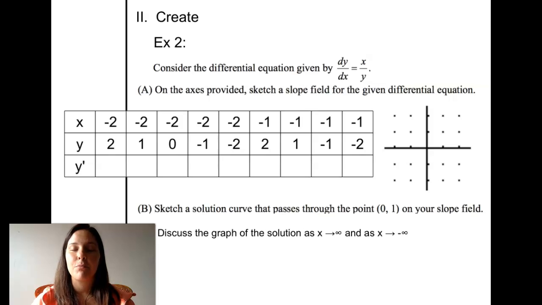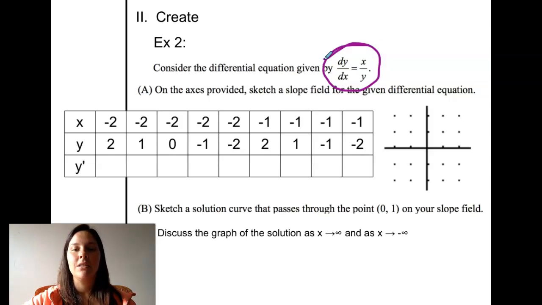In this last example, we will be creating our own slope field. This is time consuming, so what I'm going to do is generate a few points for you, and then I'm just going to tell you what I got for the other points. So what we're going to do is take these points and sub them into the differential equation that we were given, x divided by y.